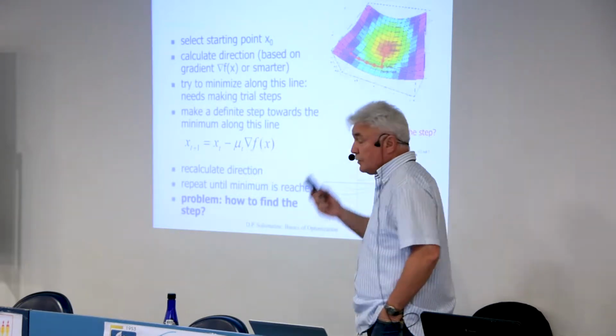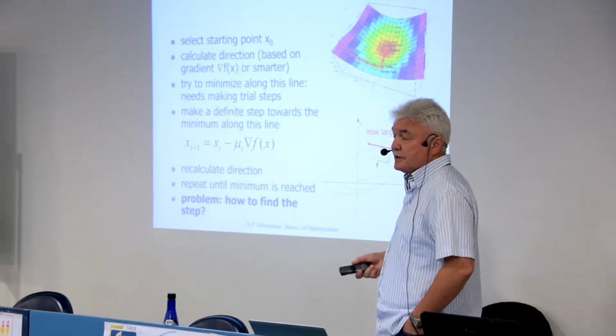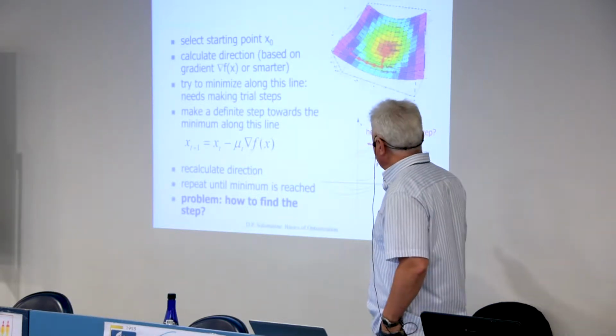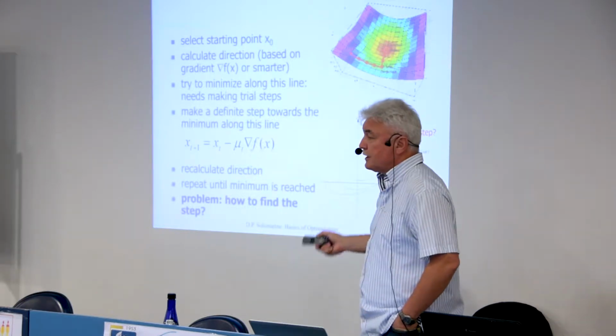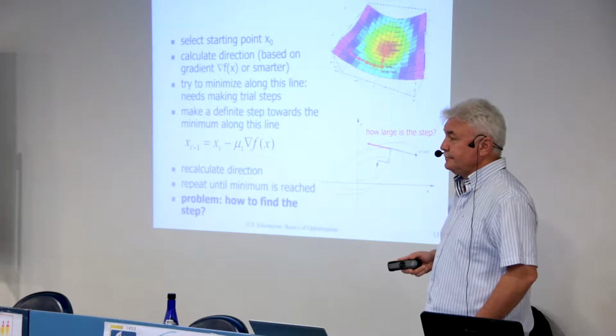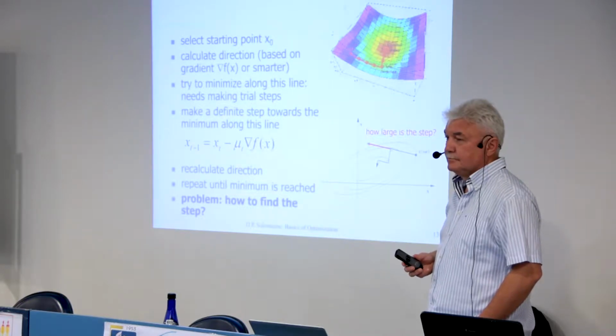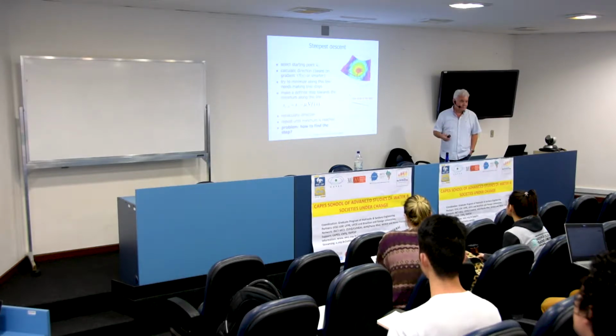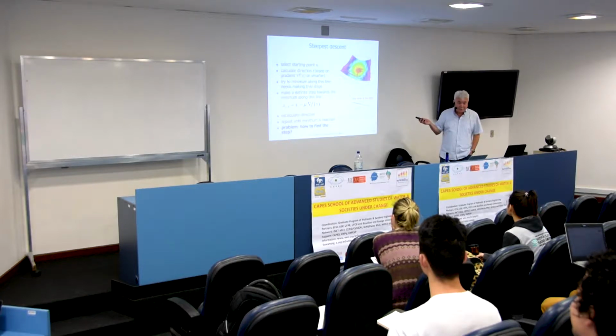If you follow this course, tell me how big is this step? The main idea: how long should this step be in the direction of minus gradient? But it's in the picture, this step.